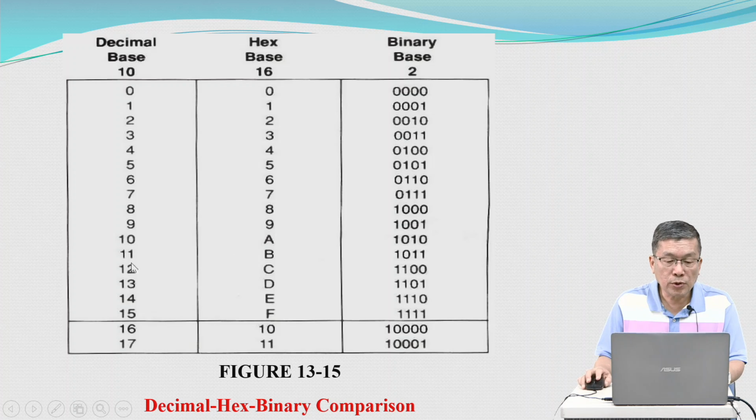This picture shows decimal hex binary conversion. As you can see, the hex base counts from 0 to 9 and then continues with A, B, C, D, E, F.